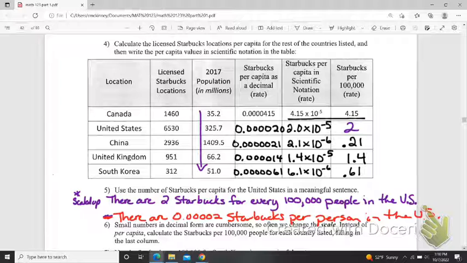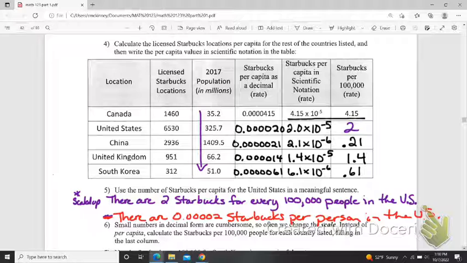Since 100,000 only takes care of negative 5, the 2.1 is 0.21. Or you might have just written 0.2. United Kingdom, it is an easy switch over because it is times 10 to the negative 5th. And then South Korea is back to like China, a smaller per capita rate.